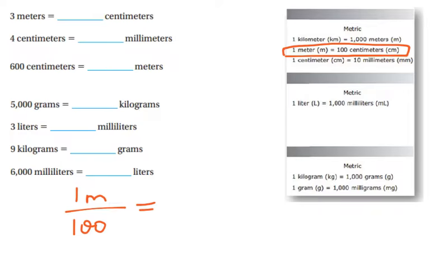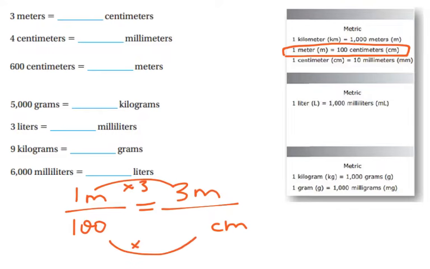So I'm going to make that equivalent to 3 meters, and I don't know how many centimeters that is. To get from 1 to 3, what did I do? I multiplied by 3. So I'm going to do the same thing to get from 100 to the new number of centimeters, which is 100 times 3, 300.